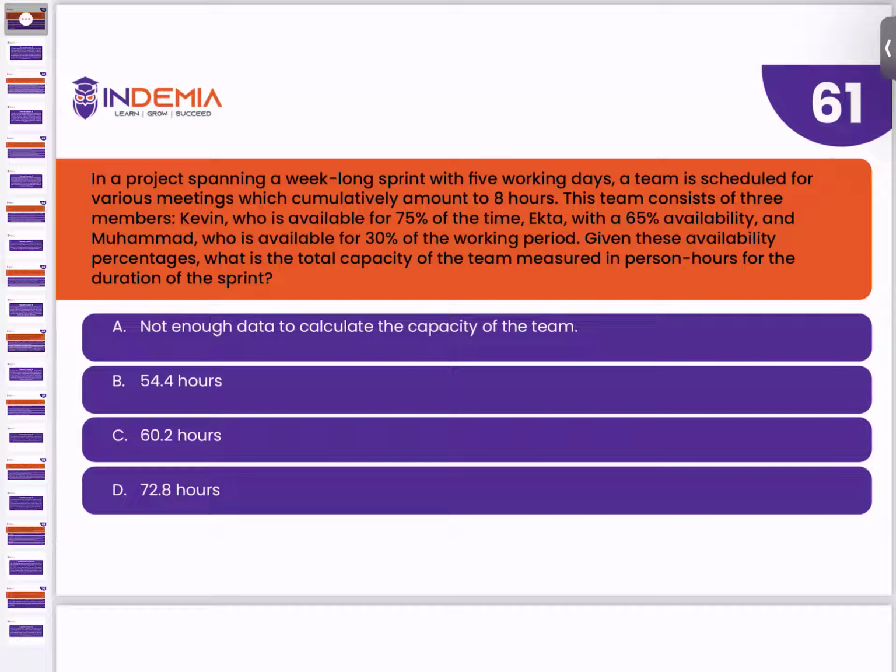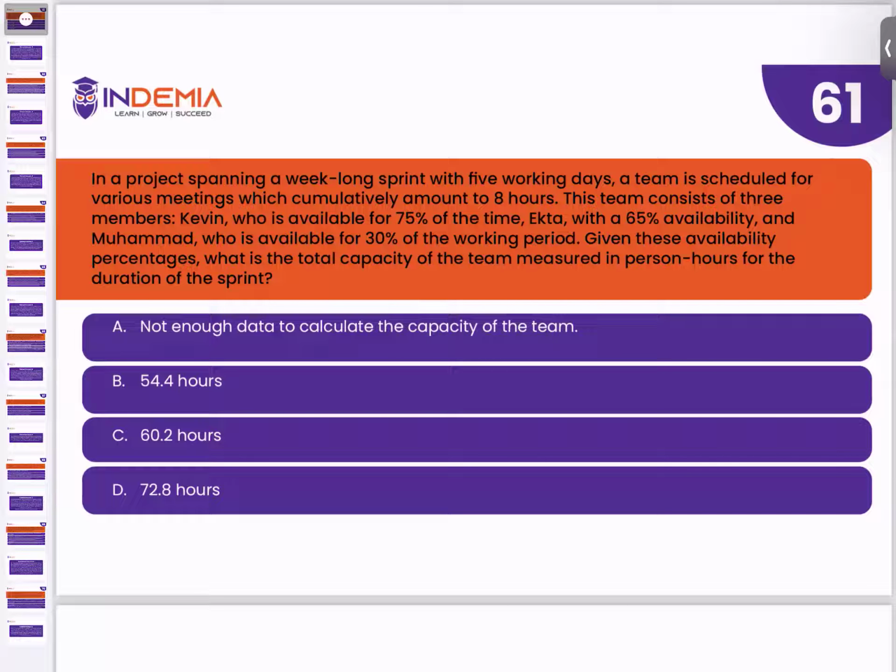Yes, what I did is my personal approach. Each person works 8 hours, 5 days, so it's 40 hours. If you take 3 people, it's 120 hours. So I did a rough estimation. I didn't use the calculator. For the first person at 75%, I thought of putting it as 30 hours.